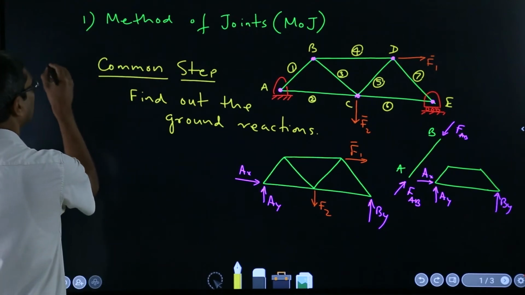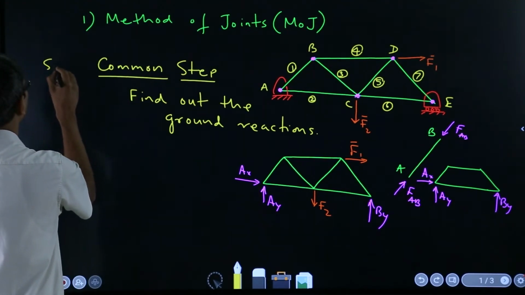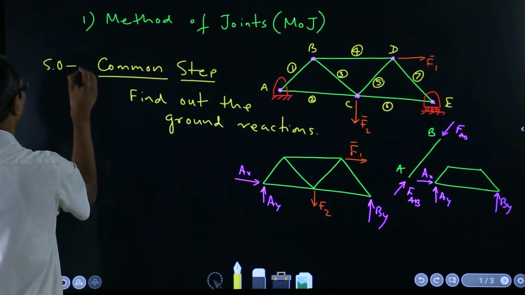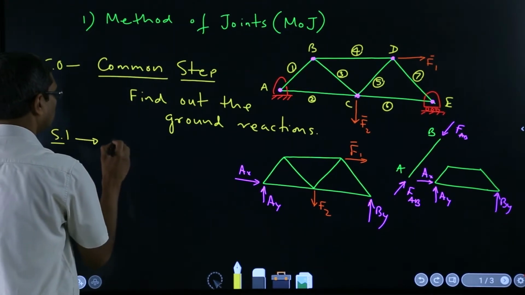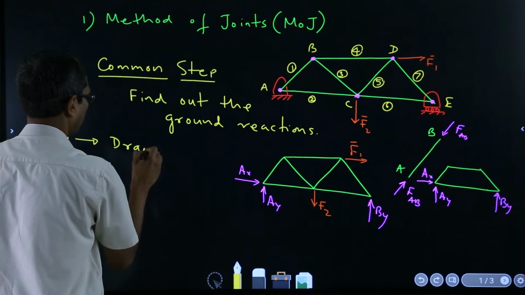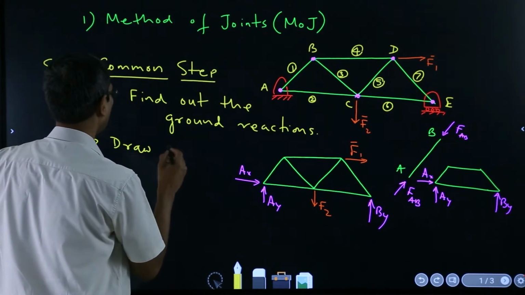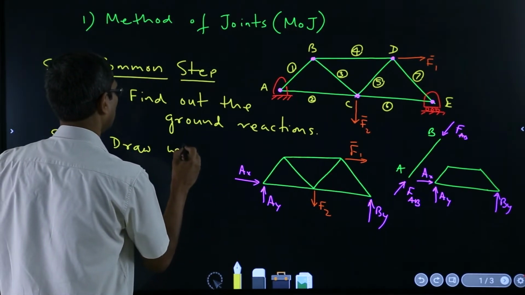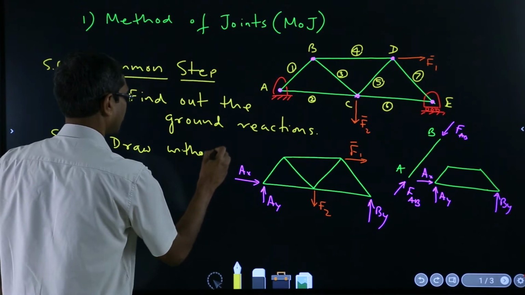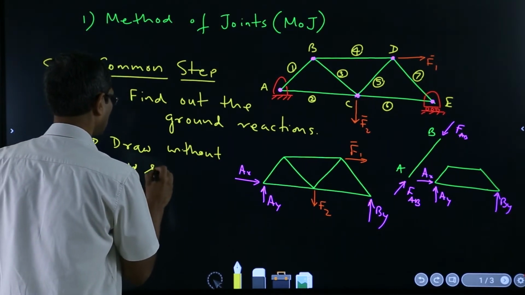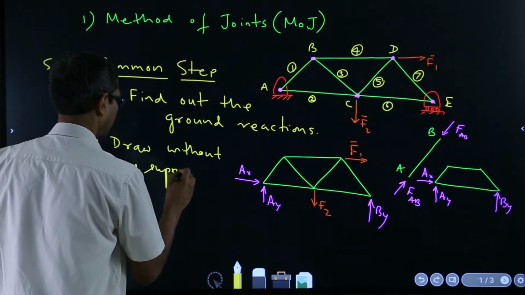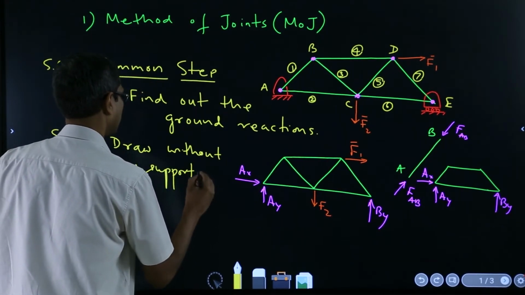So this is step 0. Now step 1 is: draw without any support systems.